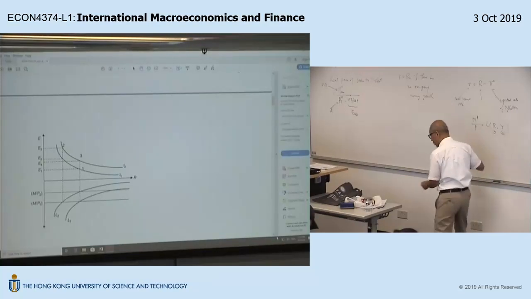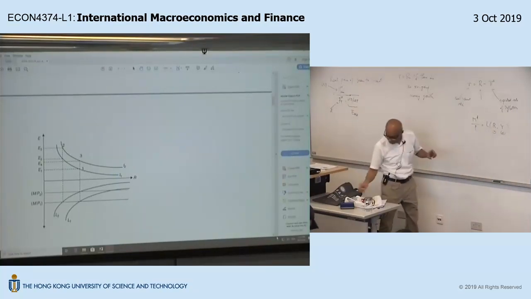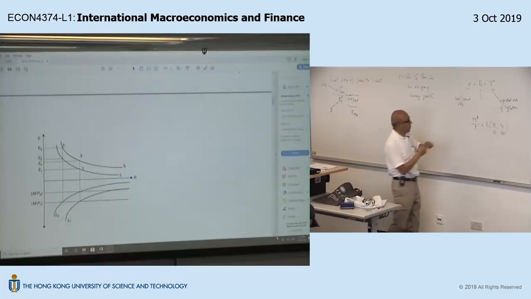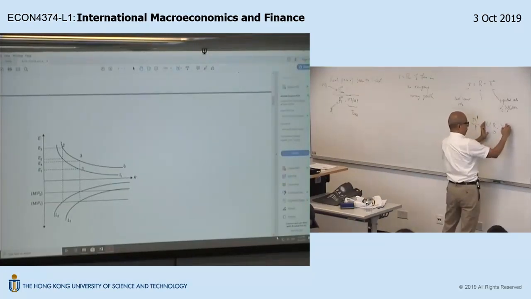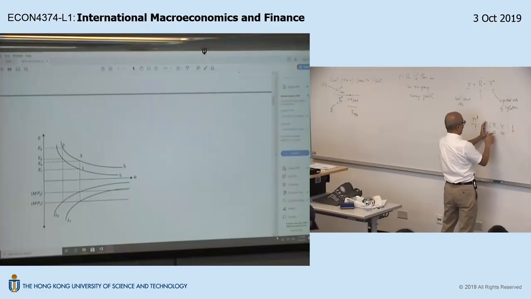Okay, so in other words, what happened is that this function has shifted down, or has decreased.